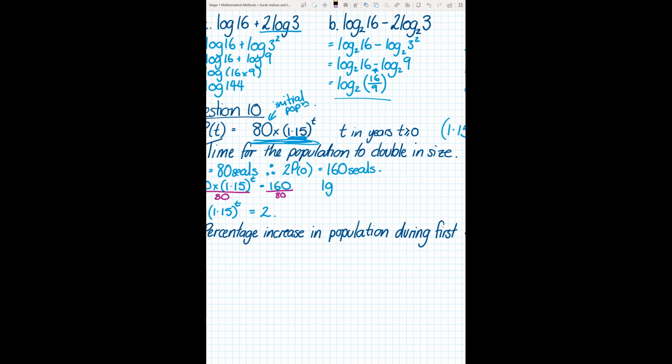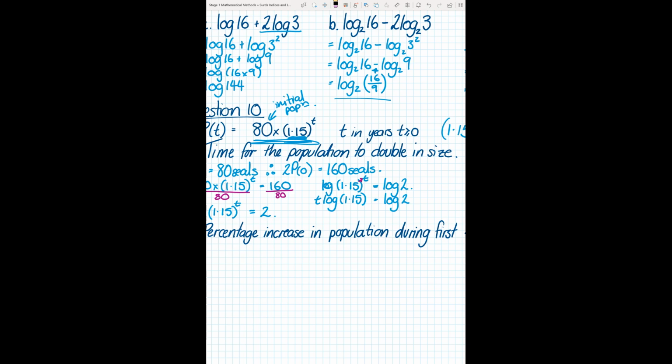So the log of 1.15 to the power of t is equal to the log of 2. Now our logarithmic laws say that if we have a value to a power, that's the same as multiplying by that power. So that's the same as t times the log of 1.15 is equal to the log of 2.